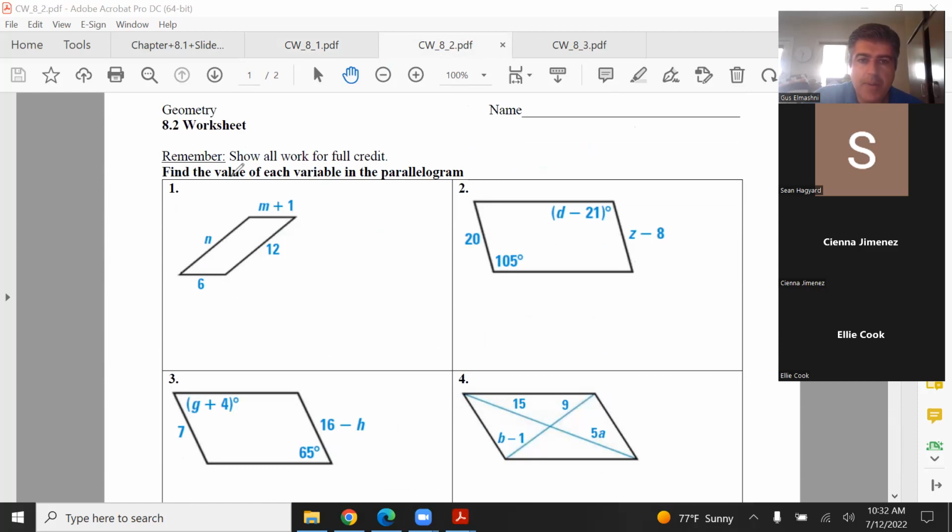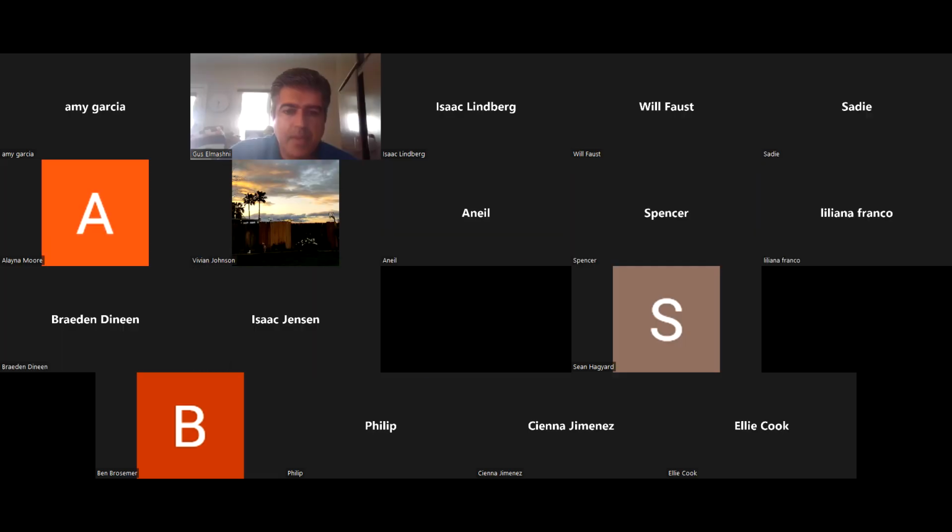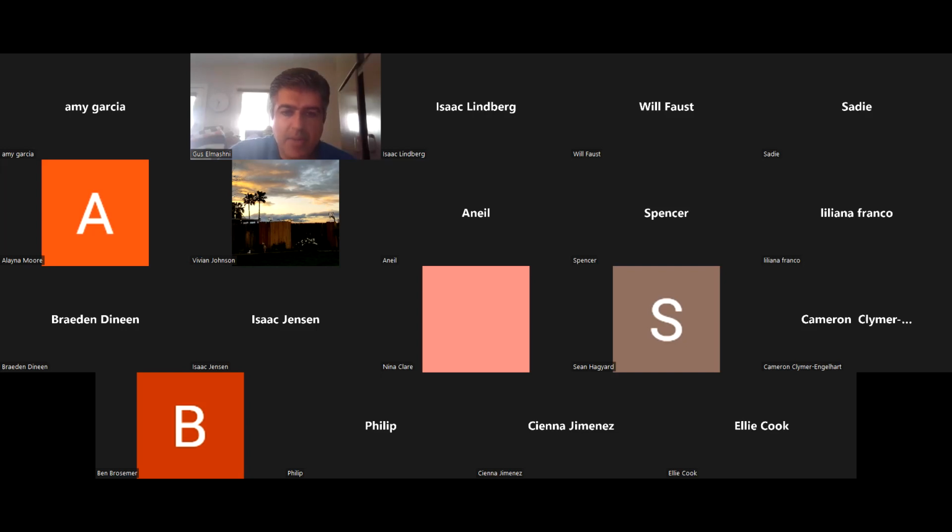So when you got a parallelogram, very important. Actually, let me do a little teaching here for you guys. So you may want to annotate these notes somewhere, or maybe on a separate piece of paper, write this down. Okay.